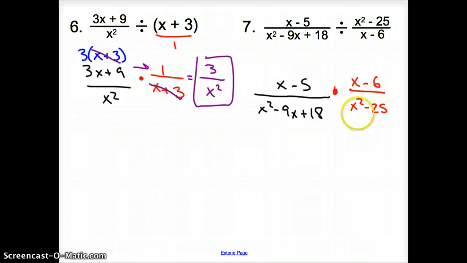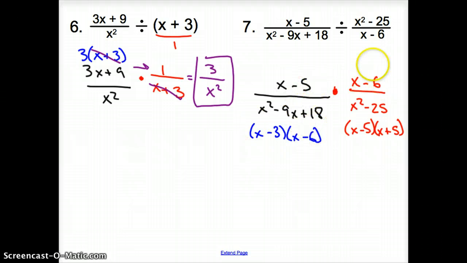So let's try it. Remember, what multiplies to negative 25 adds up to 0. So that's going to be x minus 5 and x plus 5. What's this guy factor into? This guy factors into x minus 3 and x minus 6. This factor, no it doesn't. So let's have some fun here and start canceling. Kitty corner, this cancels with that. How about the other kitty corner?